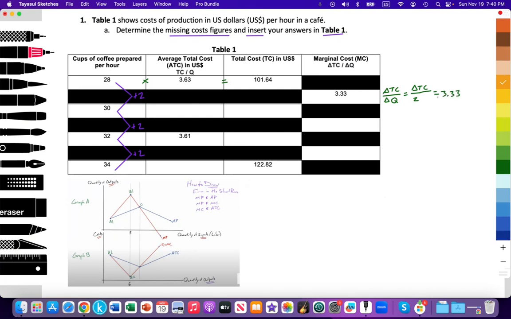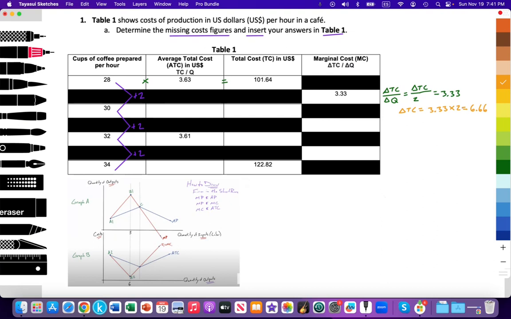So with basic algebra, we can calculate that the change in total cost is equal to 3.33 times 2, right? We have the 2 here. We're going to carry it over here. And that's going to equal 6.66. Okay? So those are my workings.